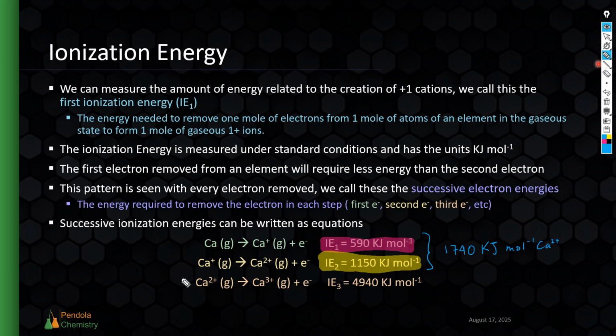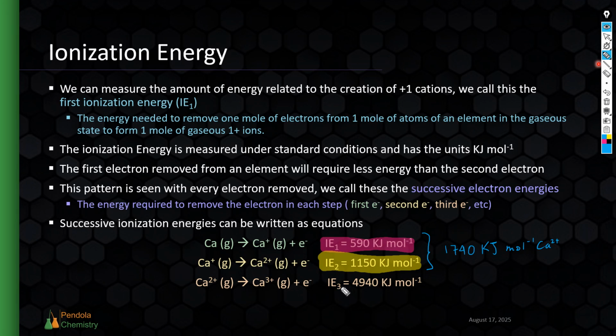And this is how we write the equation for the successive ionization energy. An easy way to remember this is that the number of the ionization energy you're doing should be the charge of the ion you have in the products. So notice, this is the first ionization energy, so the ion has a +1 charge. This is the second ionization energy, so the ion has a +2 charge in the products.